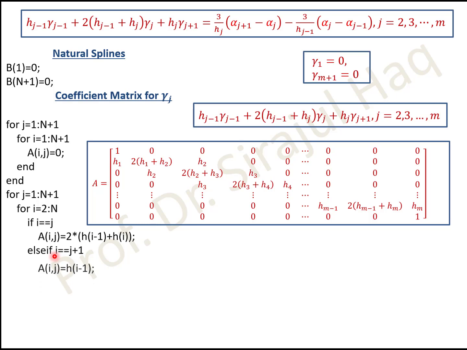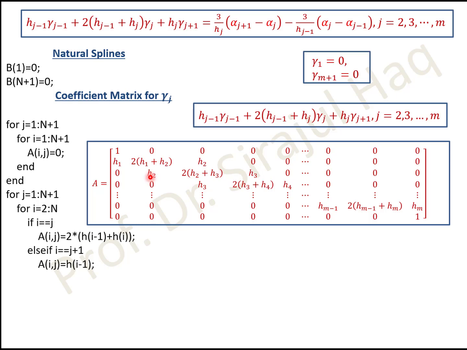So I am asking in my program that the value should be h1, so A2,1 will be h1. And you can see the value appears over there. And similarly, when i is equal to 3 and j is equal to 2, the value of this will be h(3 minus 1), which is h2, which you can see over here.